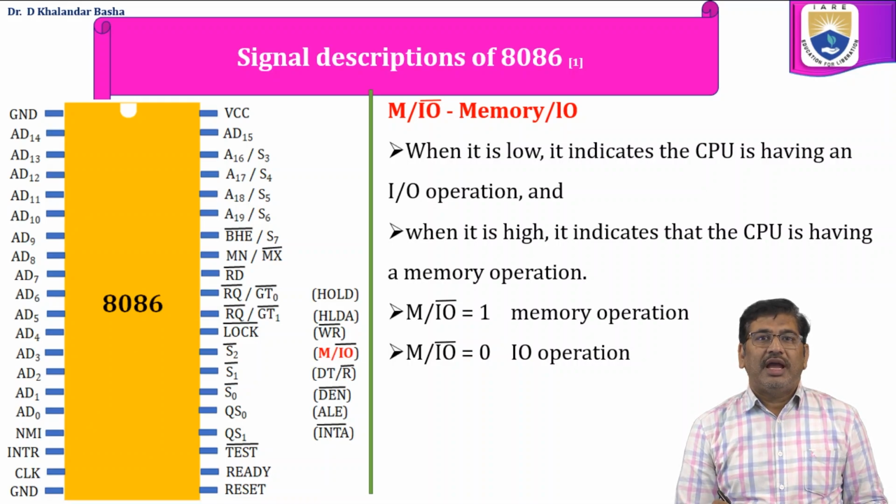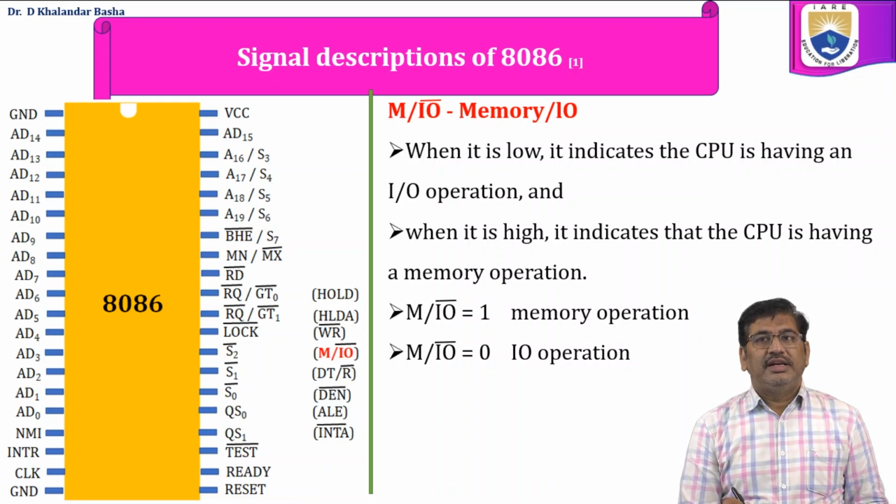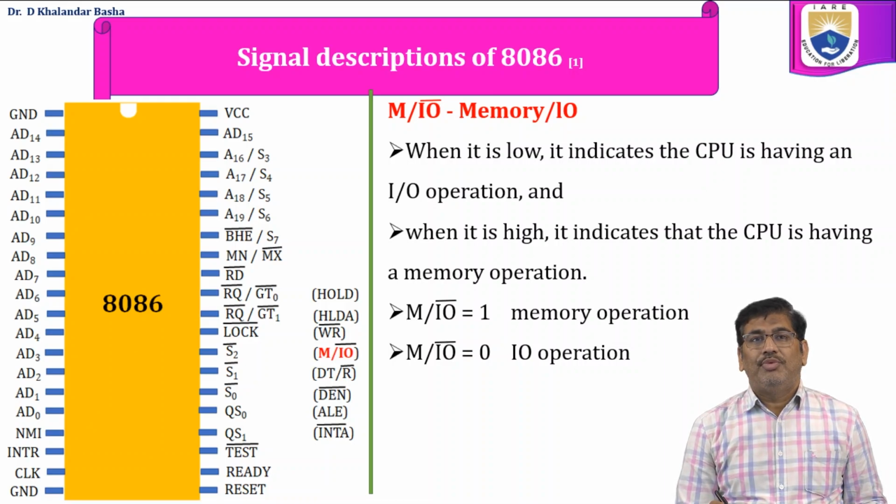And if the M/IO bar signal is equal to 1, it indicates the CPU is having a memory operation. So M/IO bar is 1 indicates a memory operation, either a memory read or memory write operation.